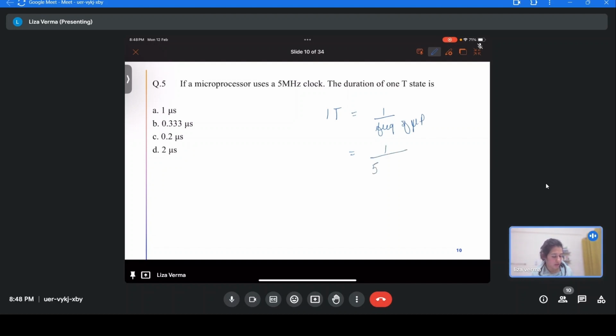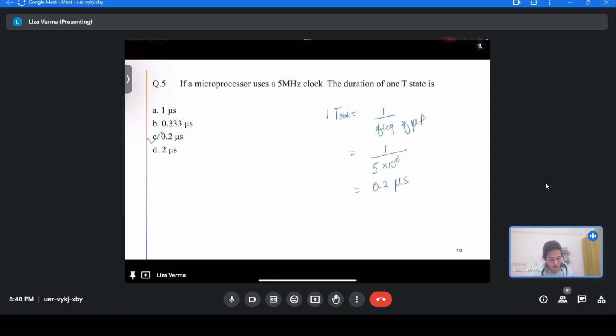Frequency is 5 megahertz. And this gives us 0.2 microseconds, right? 0.2 microsecond is the correct answer. Next question.